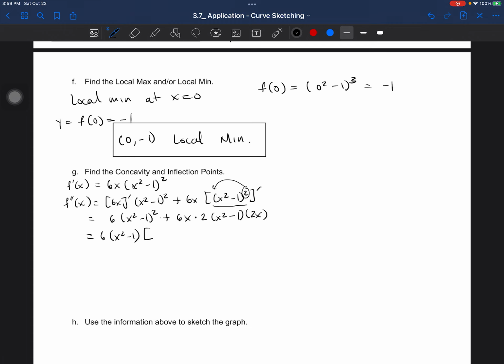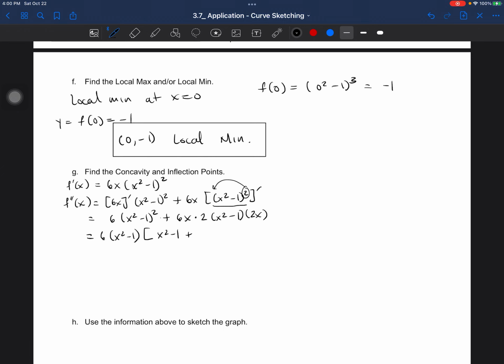So what I would suggest here is to factor out that 6 and one of those x squared minus 1 factors, and then put a bracket, so you can see what's left behind after you remove those factors from the two terms. You're going to remove that 6, so that's gone. You're going to remove one of those factors, so that 2 becomes a 1.